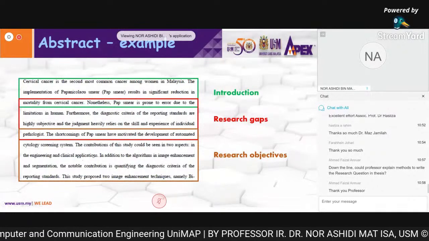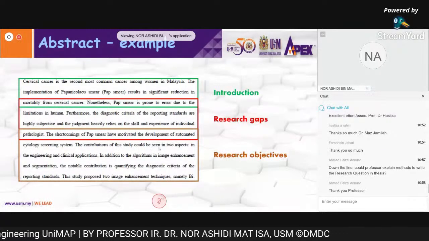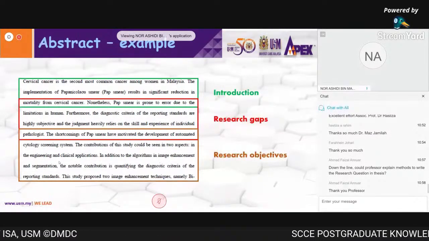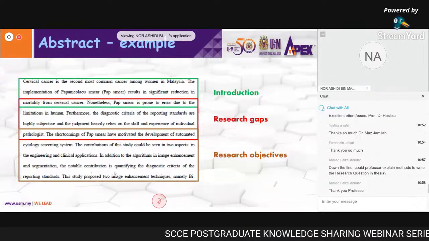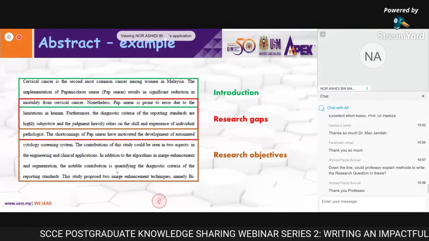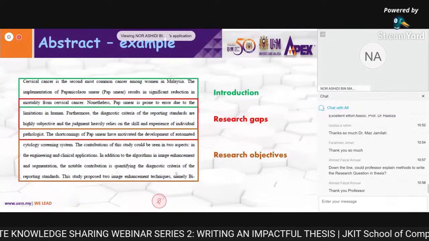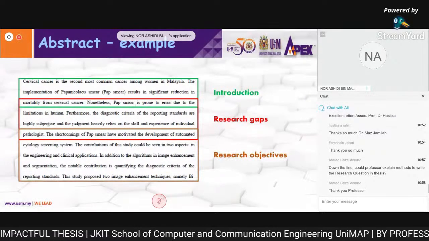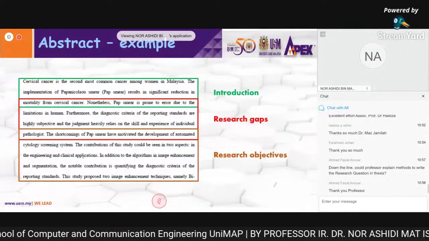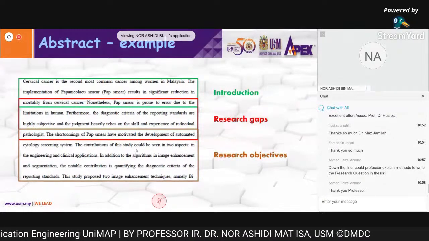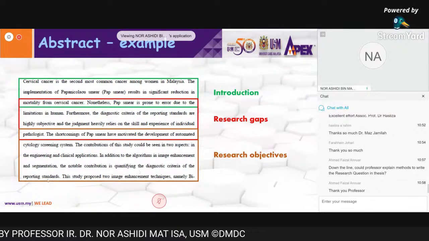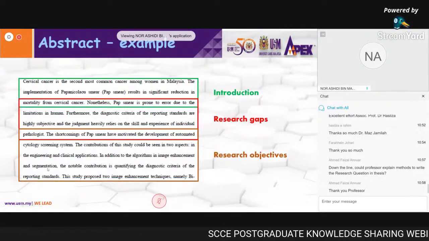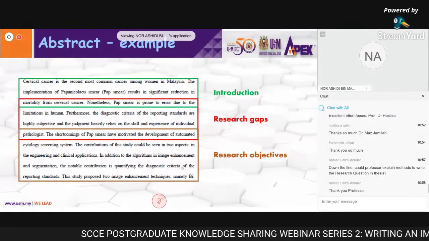You want to have a contribution in 2 aspects, engineering and clinical application. Algorithms in image enhancement and segmentation are used to quantify the diagnostic criteria of the reporting standards. We need that because of the problem of high subjectivity. So we want more objective algorithms in order to have a better reporting standard, based on the diagnostic criteria.